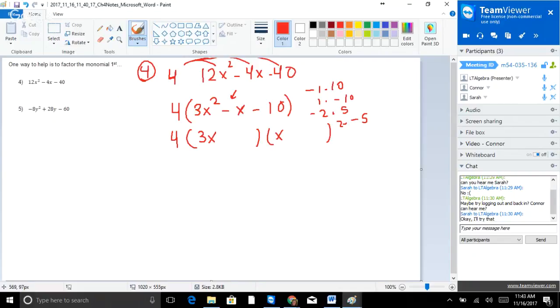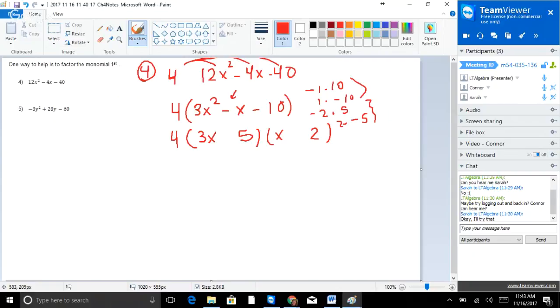I am going to guess, since these numbers are bigger, I probably want to go with something in this family of the 2s and the 5s. Okay, so if I multiply 3 by 2 and then 5 by x, that's interesting. 2 times 3 is 6, and 5 times 1 is 5.